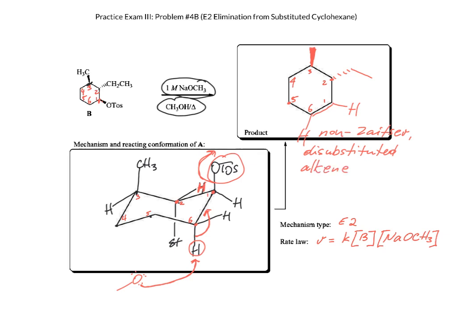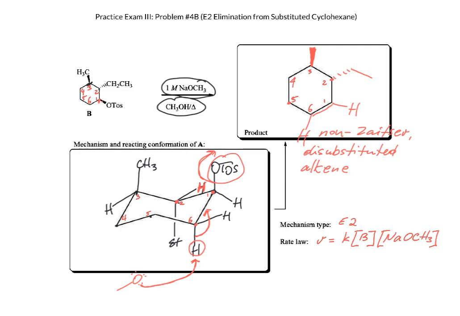Examples 4a and 4b together illustrate how during the E2 elimination reaction you form the Zaitsev product if the antiperiplanar arrangement of the leaving group and the alpha hydrogen is possible, and you form the non-Zaitsev product when there is no alpha hydrogen on a more highly substituted alpha carbon that occupies an axial position and antiperiplanar to the leaving group.